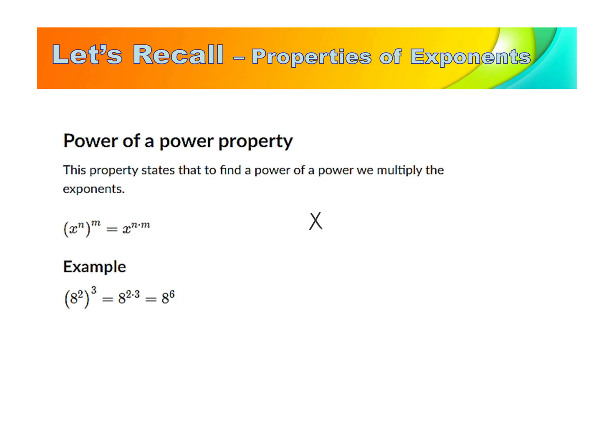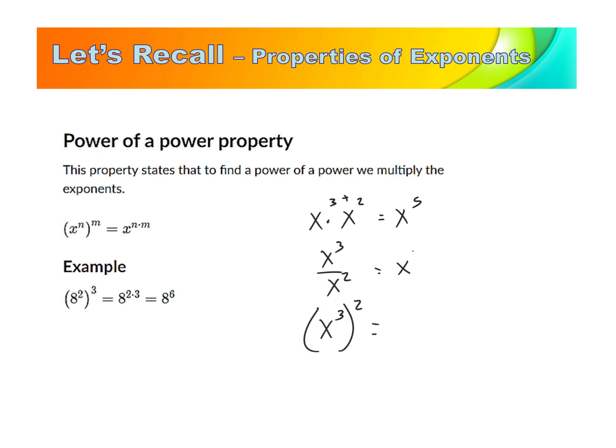Now, I am going to do a summary of everything we've done so far, just to have it. Okay, so far we have multiplying powers with the same base. We're going to end up adding, so x to the 5th. We have division, x to the 3rd divided by x to the 2nd.